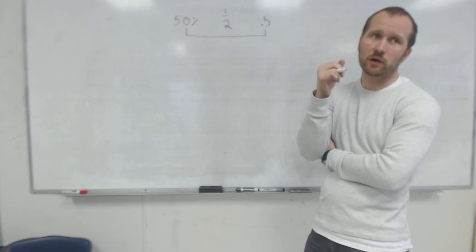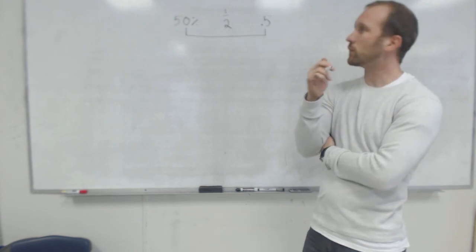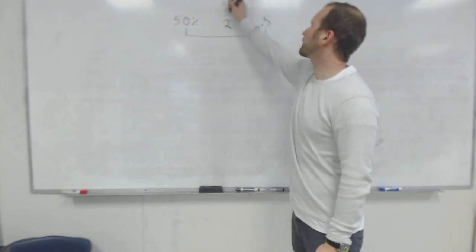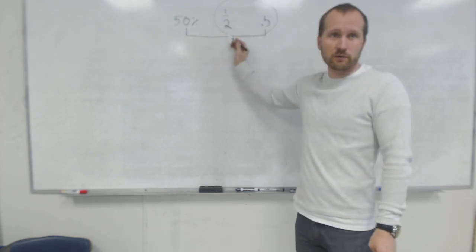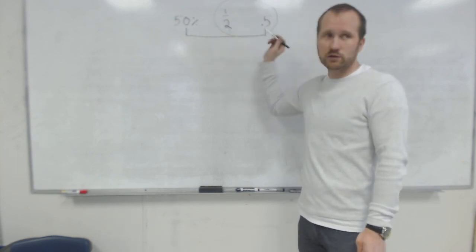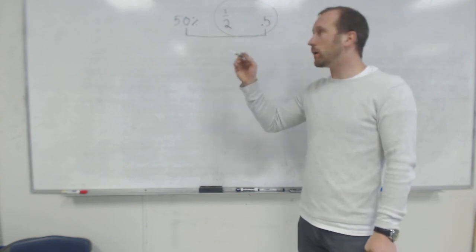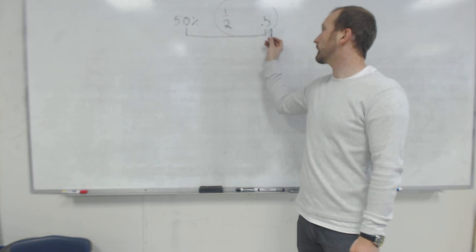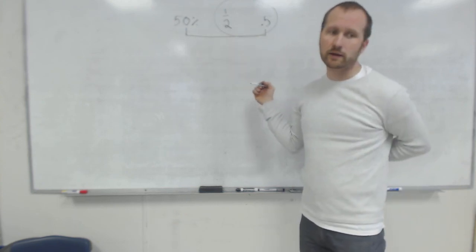You usually go from the decimal to the fraction. So we're really going to think about converting between these two. I'm going to show you how to go from a percent to a fraction. But you could also always go from a percent to a decimal. How do you go from a decimal to a fraction? We'll talk about that in a second.